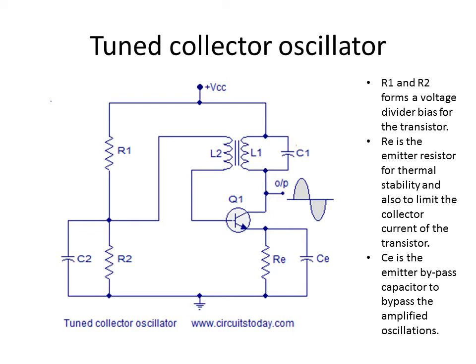Remember, an oscillator is a circuit which will generate oscillations even in the absence of an external AC supply. It will take a DC supply and generate oscillations, unlike an amplifier, which requires an AC signal that has to be fed in from a function generator. In the case of an oscillator, it will be generating oscillations on its own.